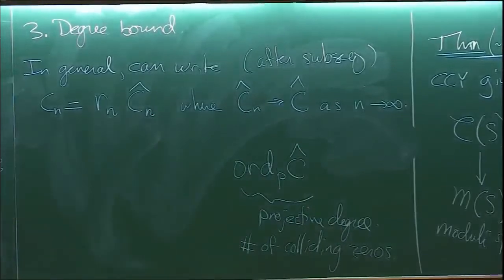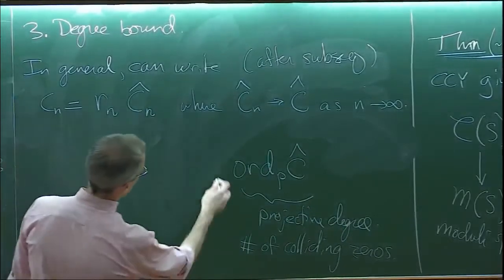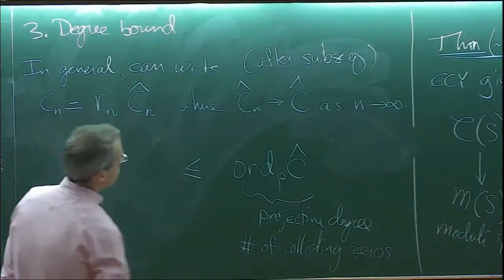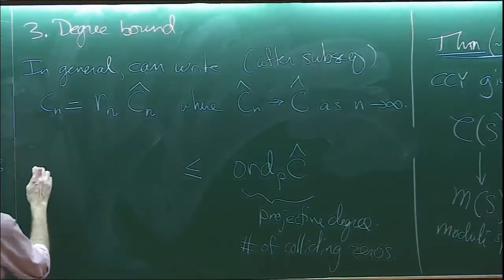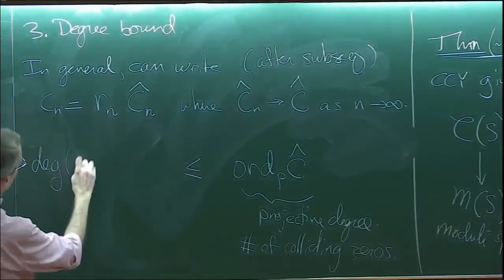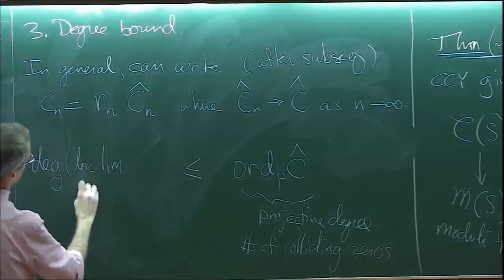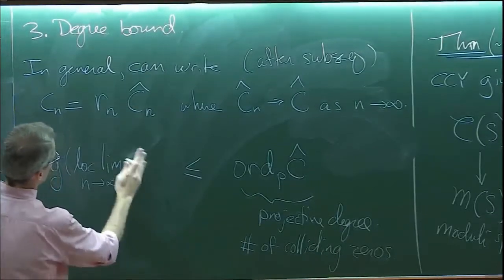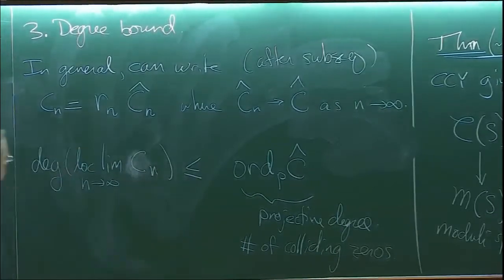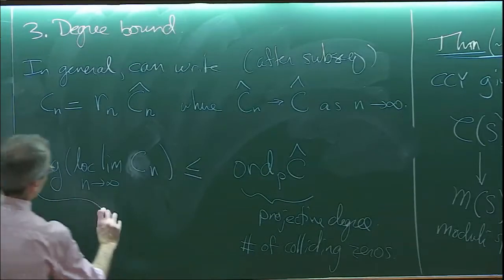I'll draw a picture to suggest where that term might come from, but here's the general case. The order of vanishing of the projective limit is just an upper bound for the degree of the local limit. Why don't I start calling it the local limit of Cn? Because it's implicit, we've fixed R and P for now. Okay, and this is what I would call the local degree.